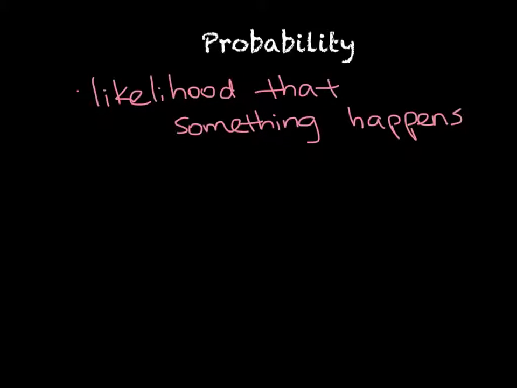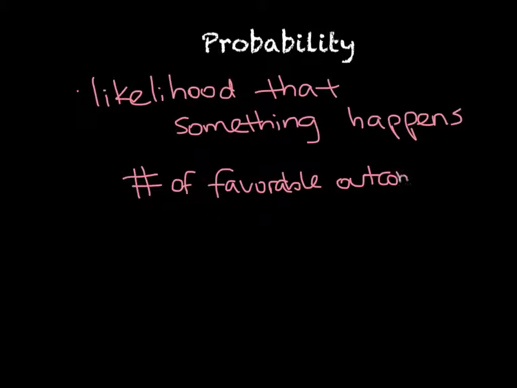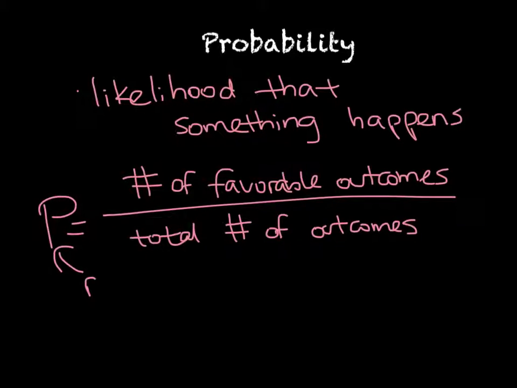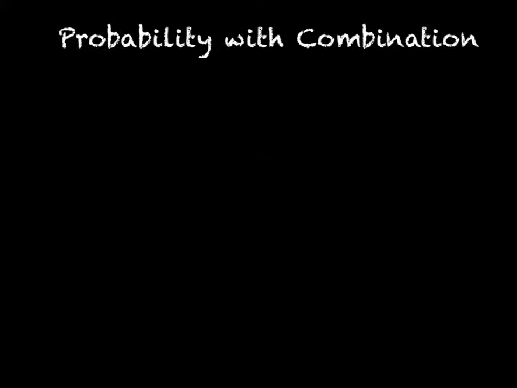The formula for probability is given by the number of favorable outcomes, or the number of ways our desired event occurs, divided by the total number of outcomes. Here, P stands for probability.